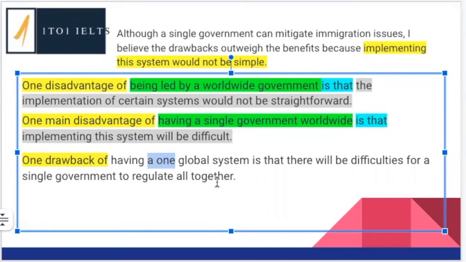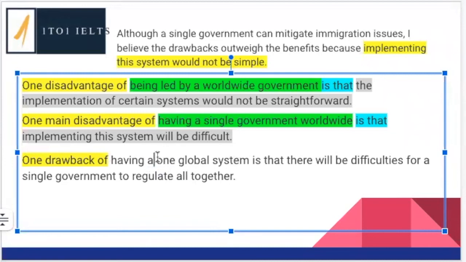So yeah, having one is good. A and one both refer to singular, so basically they mean exactly the same thing. A and a one, they're direct synonyms of each other. So if I said a global system, it means exactly the same as saying one global system.